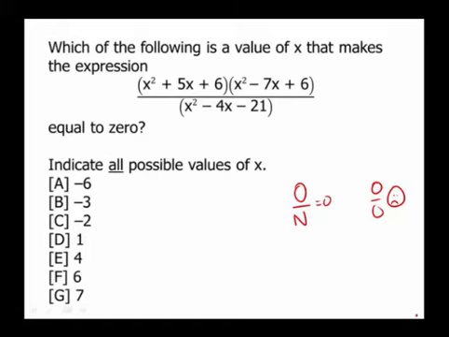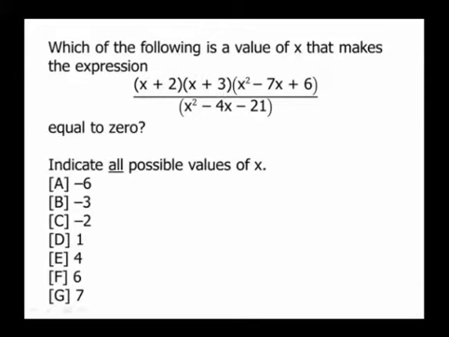So that first quadratic, x squared plus 5x plus 6, we have 2 times 3 is 6, 2 plus 3 is 5, so that factors into x plus 2 and x plus 3. The second, x squared minus 7x plus 6, well, negative 6 and negative 1 multiply to positive 6 and add to negative 7.